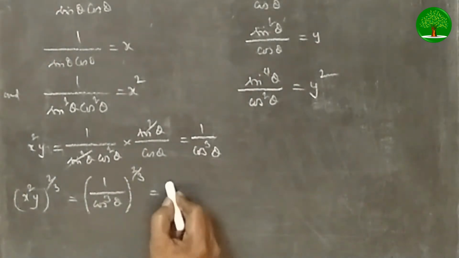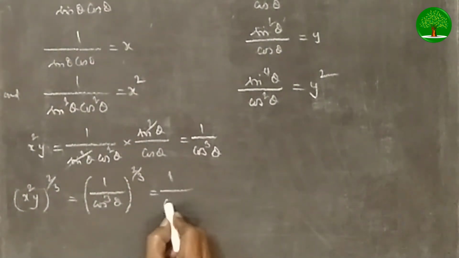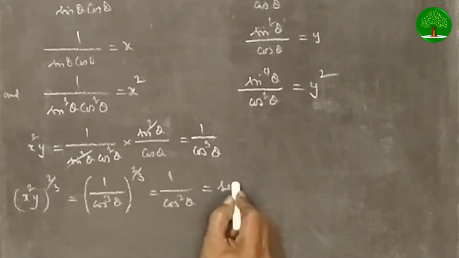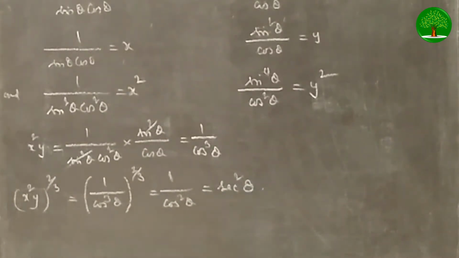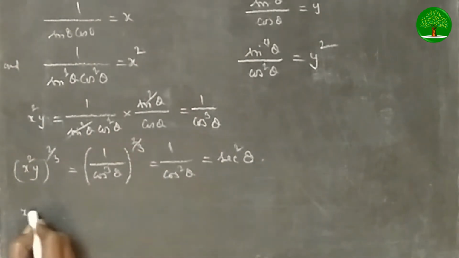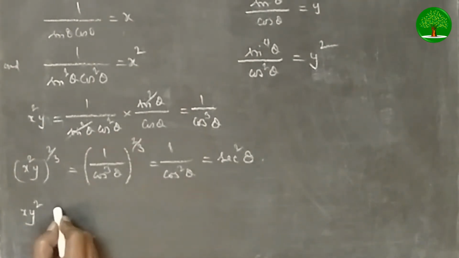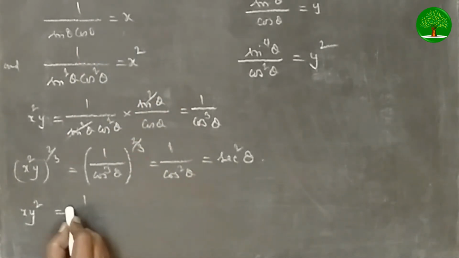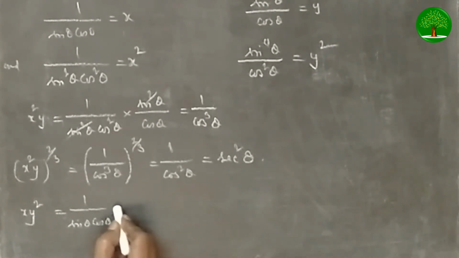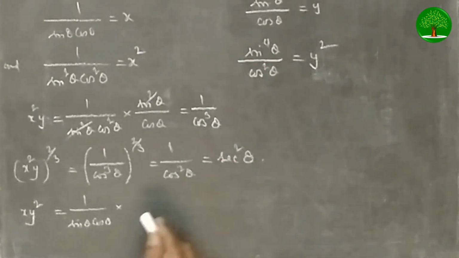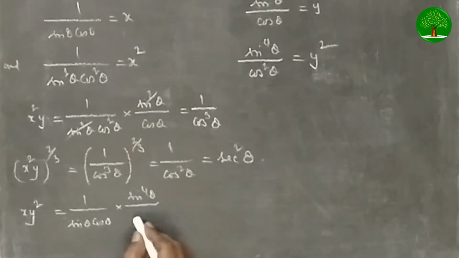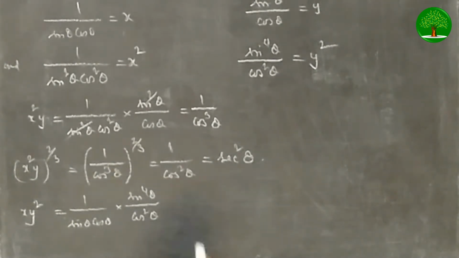This is equal to 1 by cos square theta, which is secant square theta. Now x y square is equal to, x is how much? 1 by sin theta into cos theta, into y square, which is sin to the power of 4 theta by cos square theta.